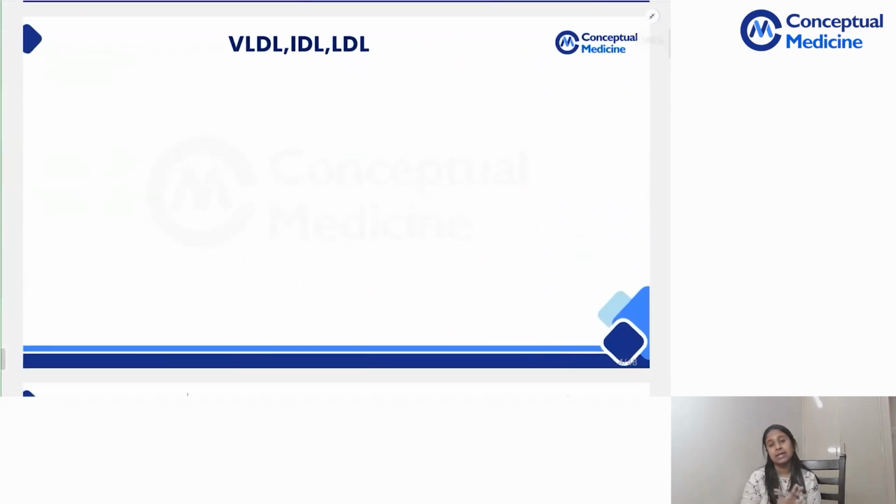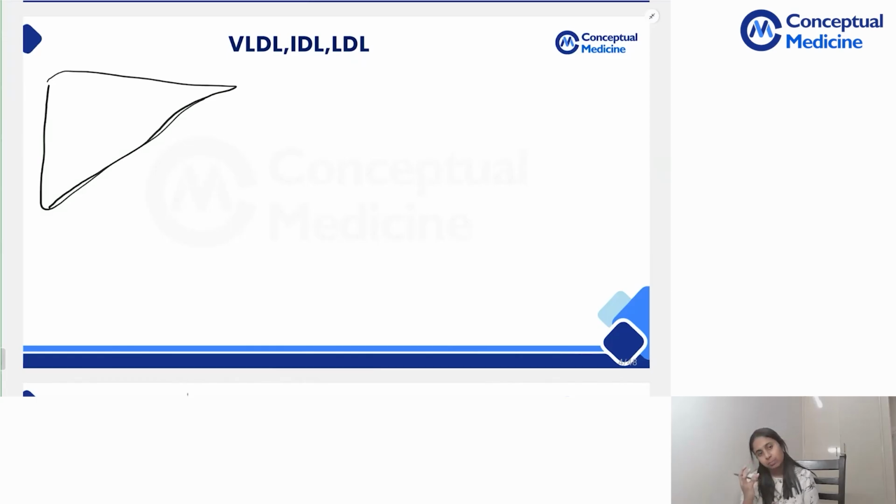So we will move on to the next fate. You will see how VLDL, IDL, and LDL are now formed. Going on to the basics, your liver is now taking up all the cholesterol coming from the exterior, that is the chylomicron, and now the liver will start to synthesize its own lipoprotein, and that lipoprotein is VLDL. Just like how an enterocyte is packing up a chylomicron, the liver will pack up a lipoprotein which is VLDL.